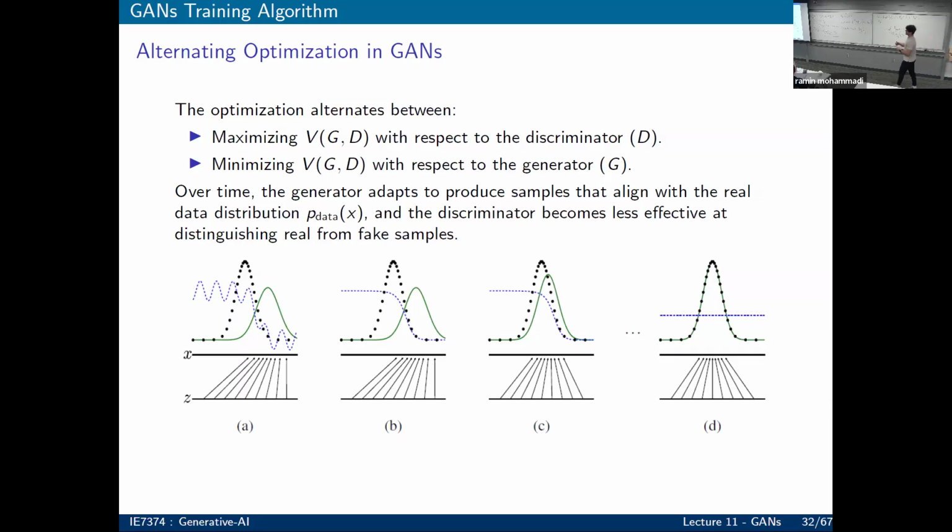Then you have this discriminator, which at first is not trained. It does the separation. You do one epoch, for example, and the discriminator becomes nearly perfect at separating fake from real.